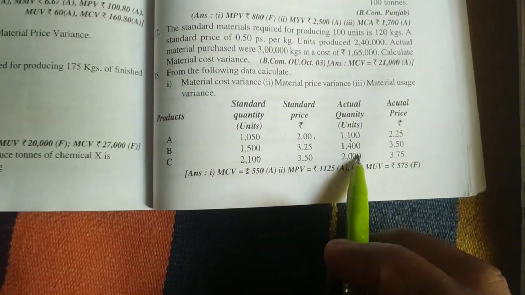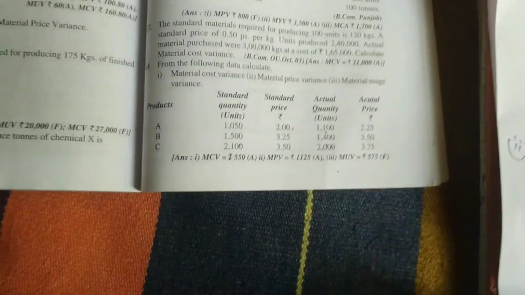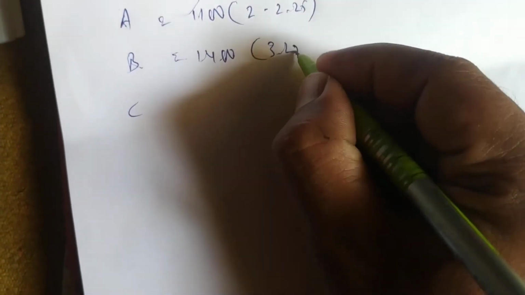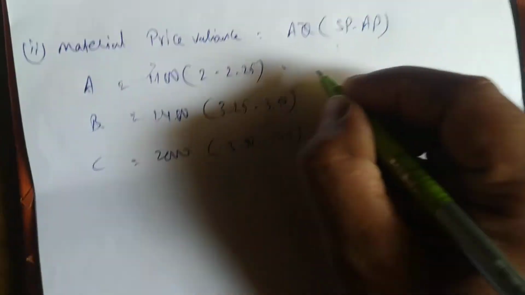B, I will write actual quantity 1400. It's very easy to solve. Just see and write 3.25 minus 3.50. Okay. C is how much? 2000. 3.50 minus 3.75. Okay.